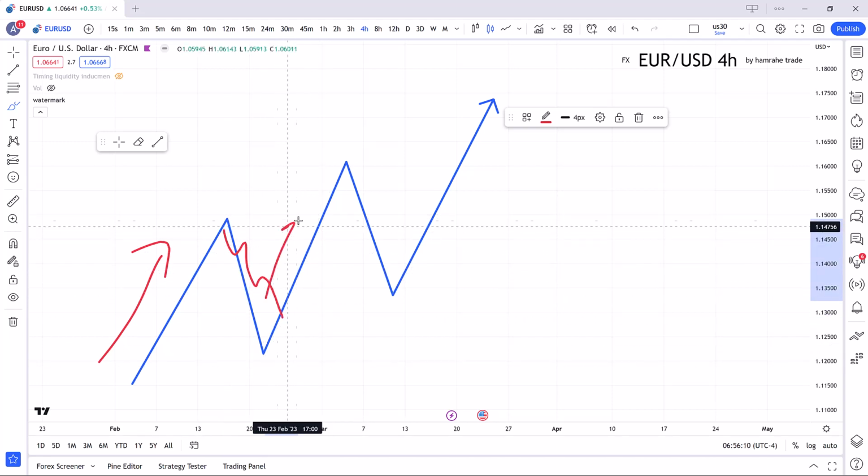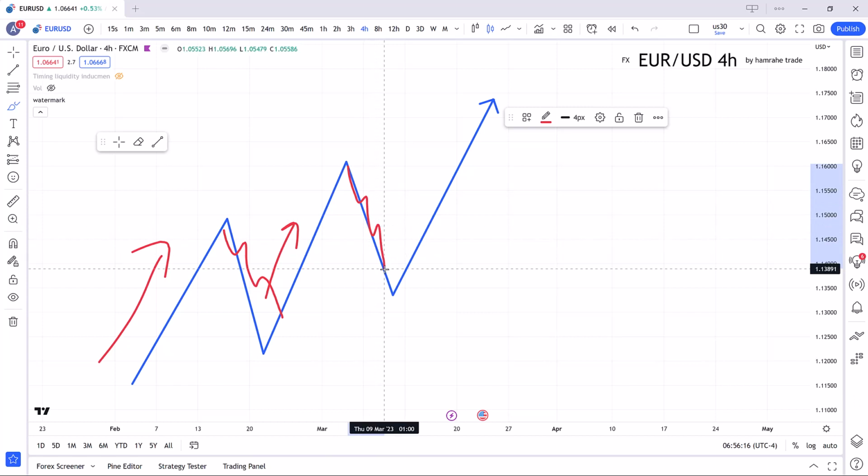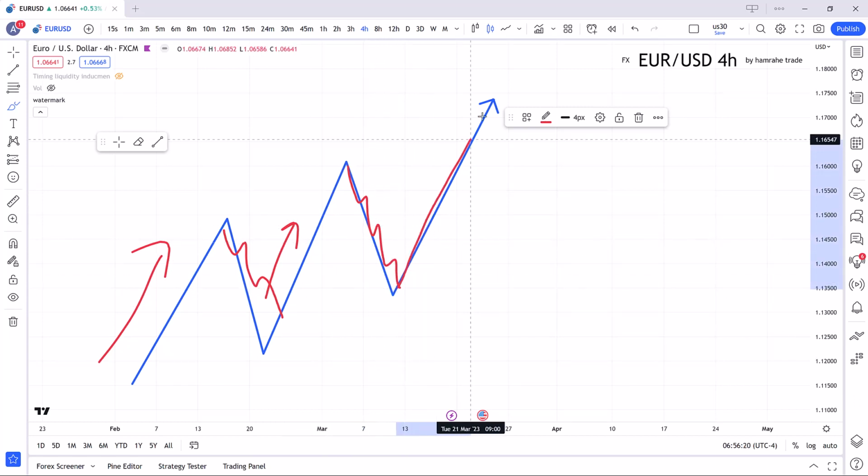So the impulsive moves move the market a higher distance, and those retracements or pullbacks are just the correction movement, and then again an impulsive move.